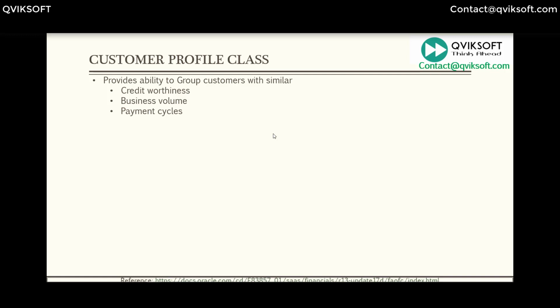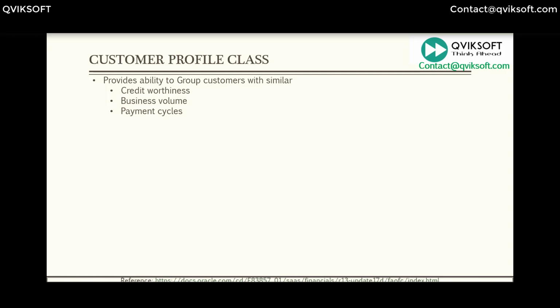Business volume, how much business volume we are having with this customer. A simple example could be, let's say we have a customer with whom we sell a lot of a particular type of item. If other customers are also of a similar category, let's say 1 million in a year, we want to group customers by the credit worthiness and also by the business volume.